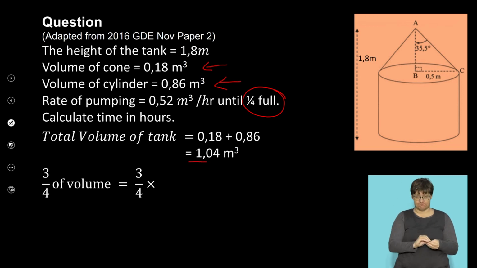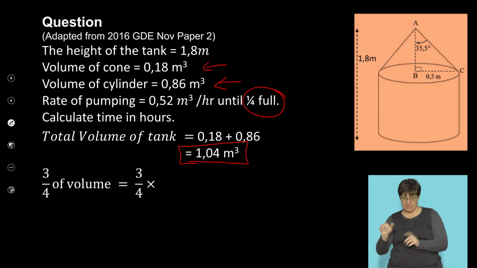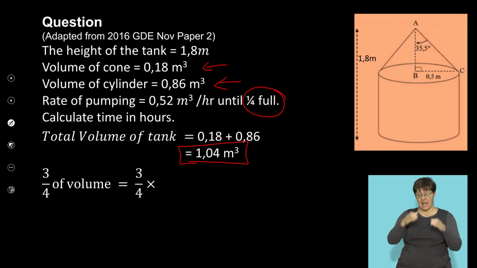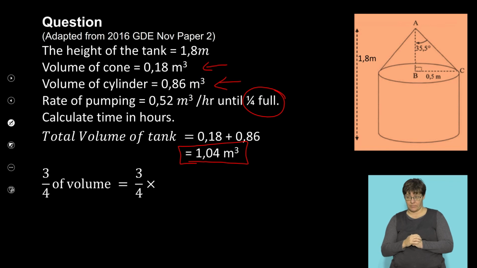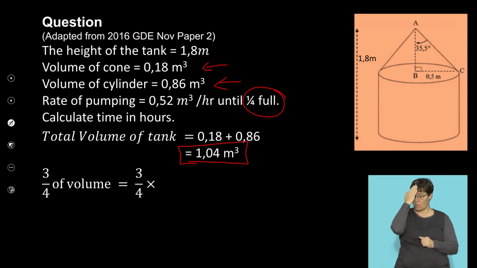So the total volume of the tank would be 0,18, the volume of the cone, plus the volume of the cylinder, which is 0,86. So the total volume of the tank is 1,04 meters cubed. But we want to know how much of the volume is going to be empty, because we want to know the rate of pumping until it is a quarter full. So we want to know the time in hours until 3/4 of it hasn't been reached yet.